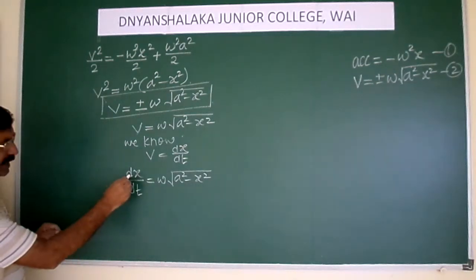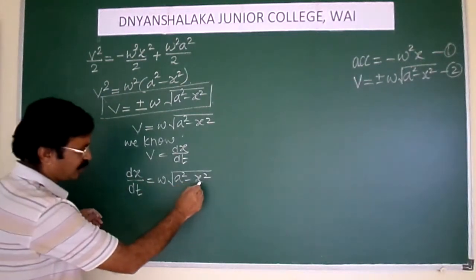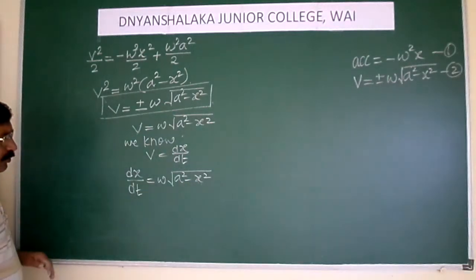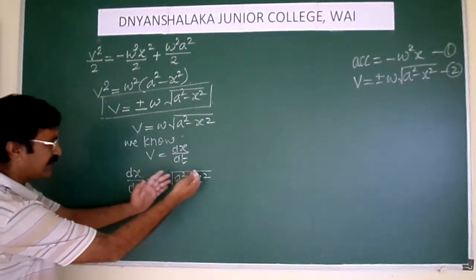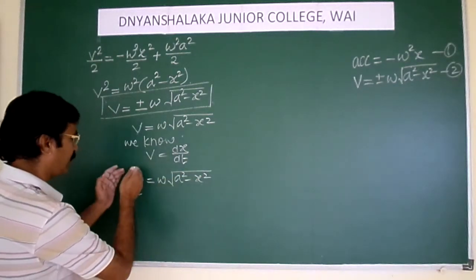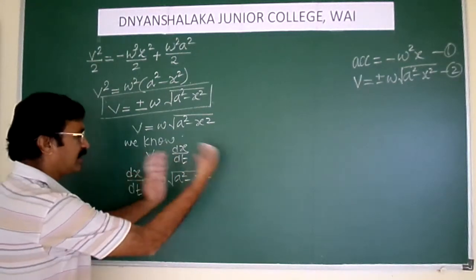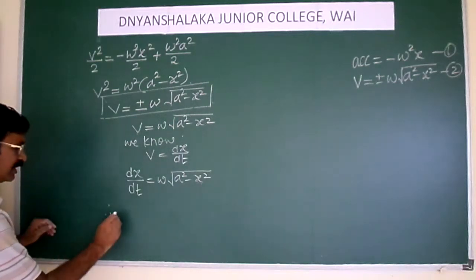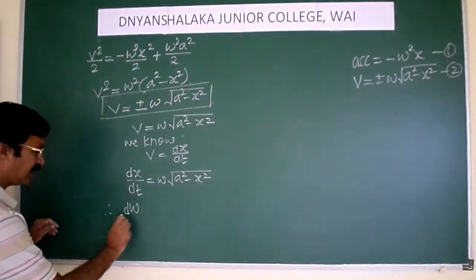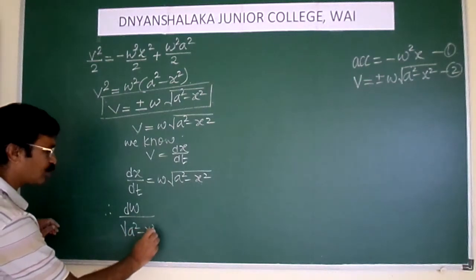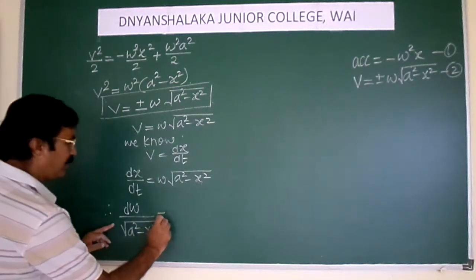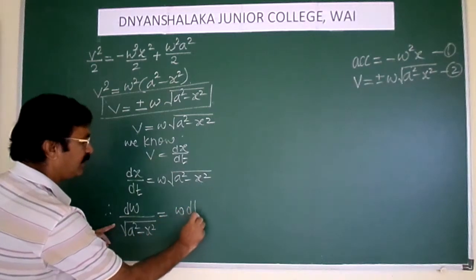Now here dx is on the left hand side and x is on the right hand side. So with variable separable form, let us take the terms with x along with dx, and dt on the right hand side. So the expression becomes dx upon under root a square minus x square equal to omega into dt.